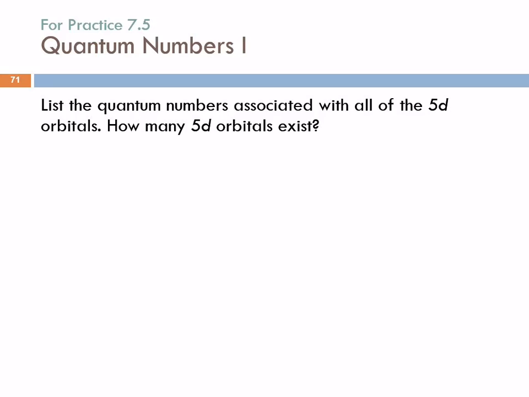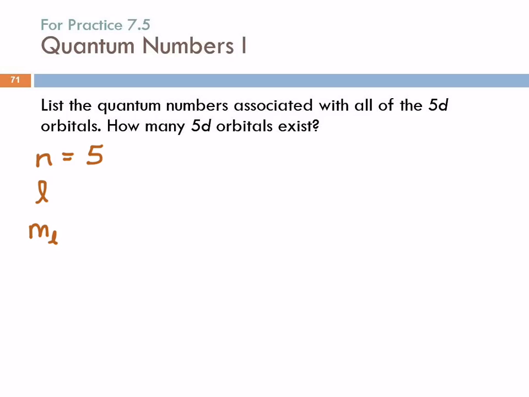Well, 5D, we've got N, L, and M sub L. For 5D, what's the principal quantum number N? It's the 5. This is the principal quantum number.